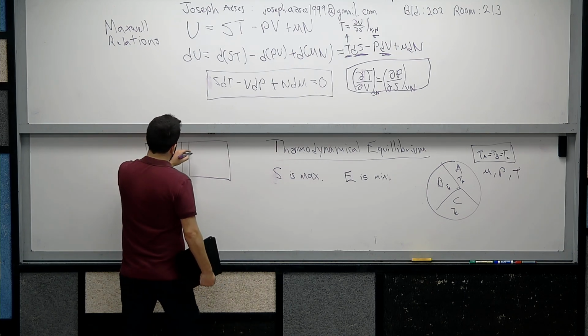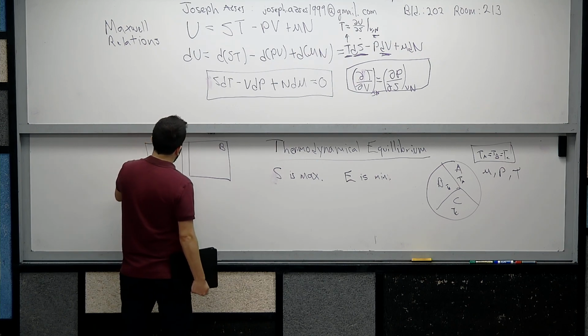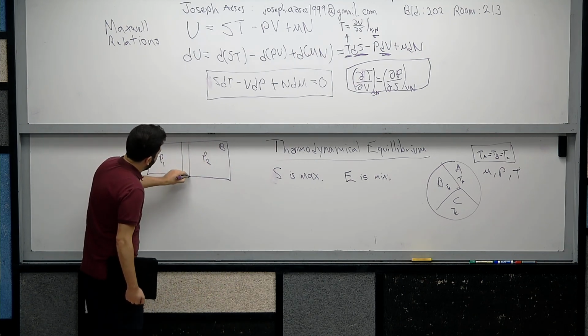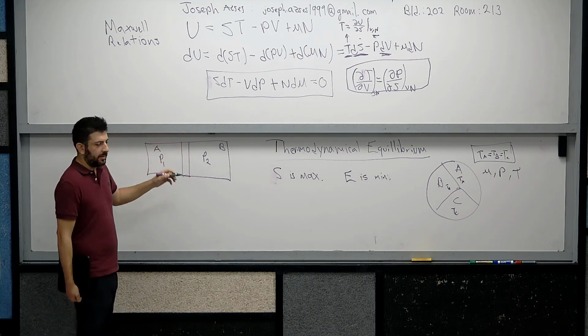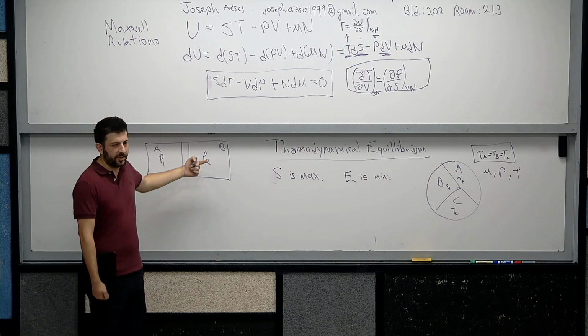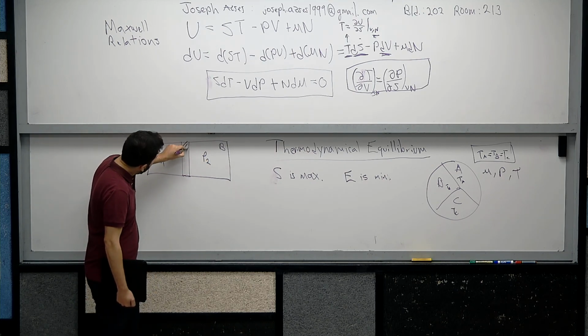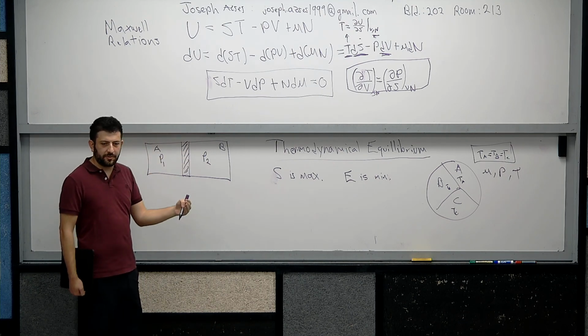This is A and this is B. And here we have pressure 1 and pressure 2, and we want them to be at equilibrium. But here we have a rigid wall that cannot move. This system cannot reach equilibrium with the pressure because this barrier forces each system to retain its own pressure, right?